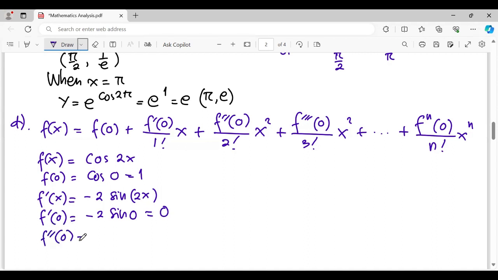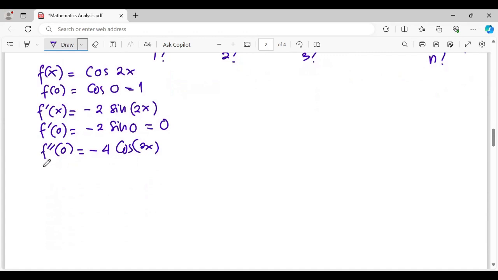The second derivative becomes minus 4 cosine 2x. At x equals 0, minus 4 cosine 0. Cosine 0 equals 1, so it is negative 4.